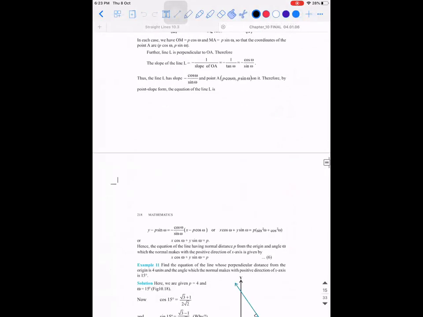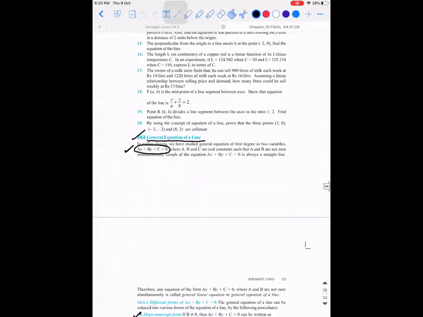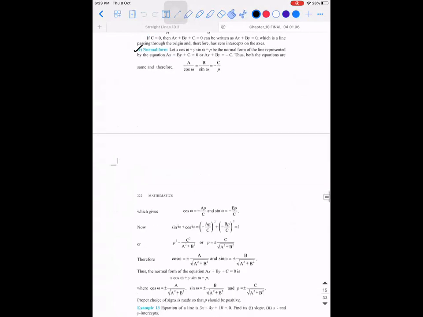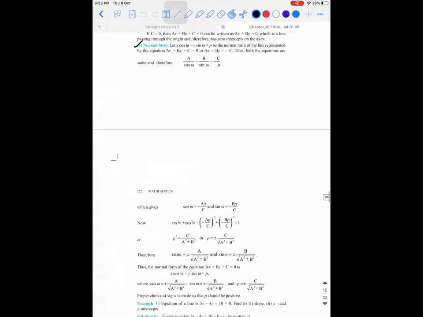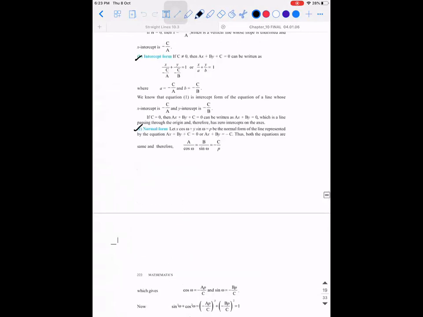So see, how to reduce ax plus by plus c to normal form. So what is normal form actually? Normal form is x cos alpha plus y sin alpha is equal to p, right? So this is going to be the required normal form.